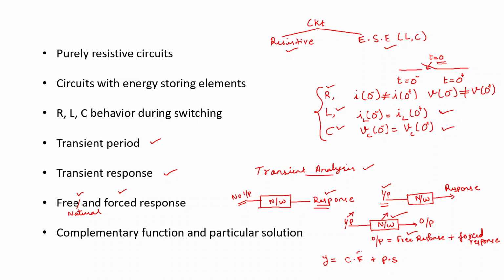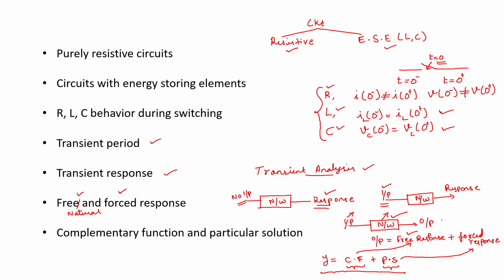Mathematically, the complementary function is nothing but the free response of any network, and the particular solution accounts for the forced response. Students can recall that while finding the solution of differential equations, the complementary function part we would have got by forcing the input to be zero, and the particular solution would be got by giving the input. So mathematically the output is equal to complementary function plus particular solution, or otherwise it can be called free response plus forced response.